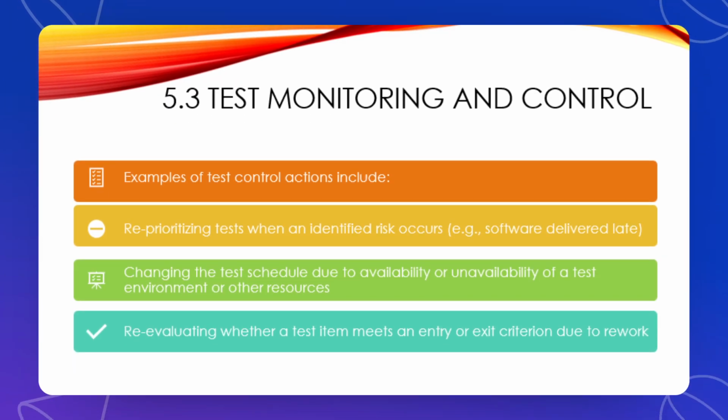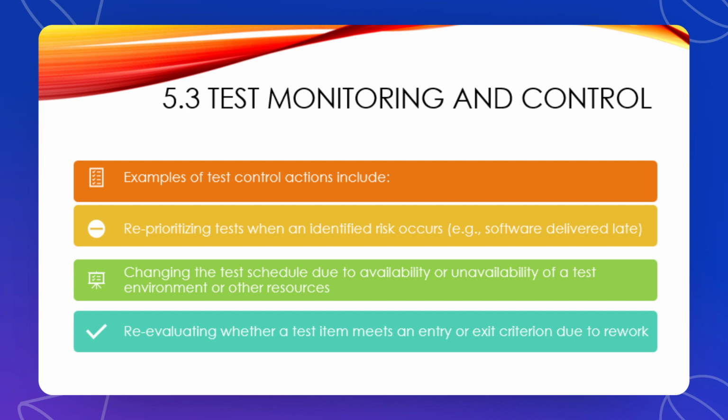In test monitoring and control, examples of test control actions include reprioritizing tests when an identified risk occurs. For example, if there is some risk that we are going to deliver late, we prioritize the tests in our test effort. Another is changing the test schedule due to unavailability of test environment or other resources.